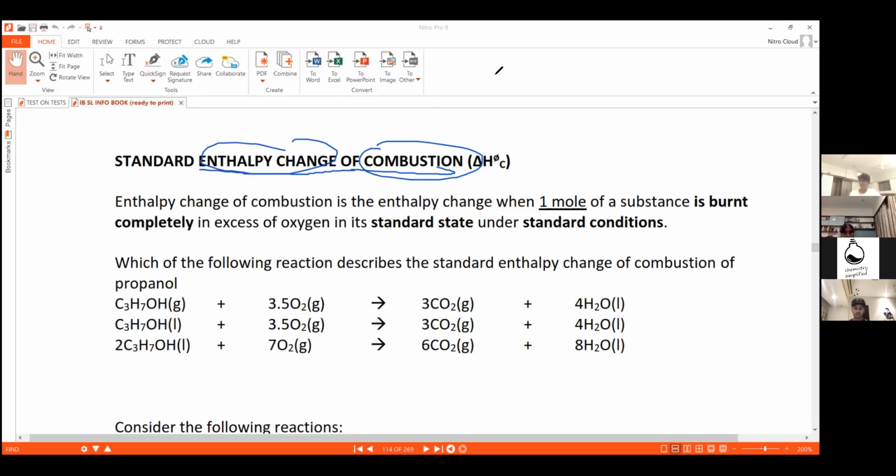As we noticed keywords in the formation, there are keywords here also which you must note: 1 mole of substance must be combusted, completely, in the standard state and under standard conditions. So 1 mole of substance is burned; that is the most important keyword.